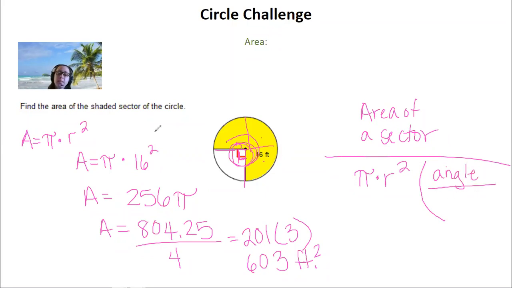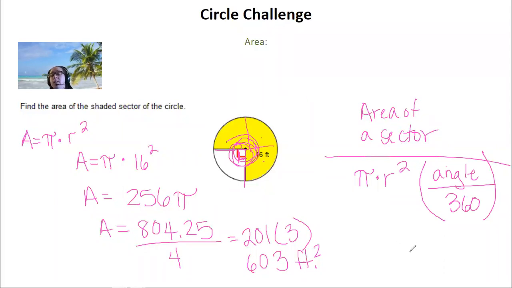Out of how many degrees is this? Oh, Mariam's got it. It's not really the area, but the amount of degrees in a circle. What is it called when you spin all the way around? How many degrees is that? Yeah, 360. So you'll take the area of your circle and multiply it by whatever angle they give you out of 360.